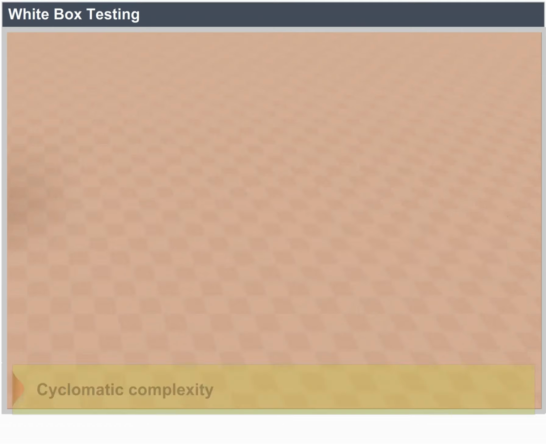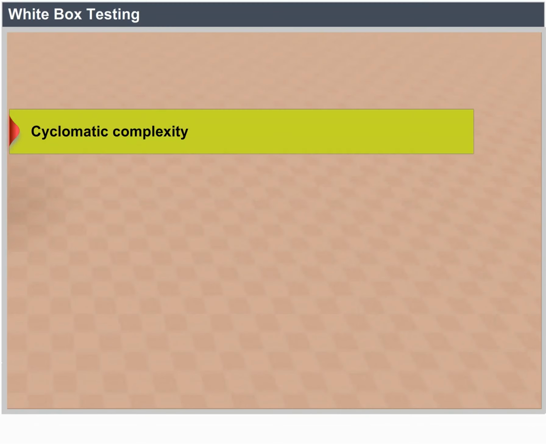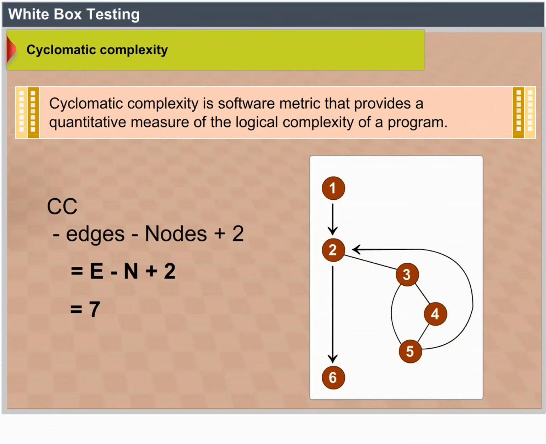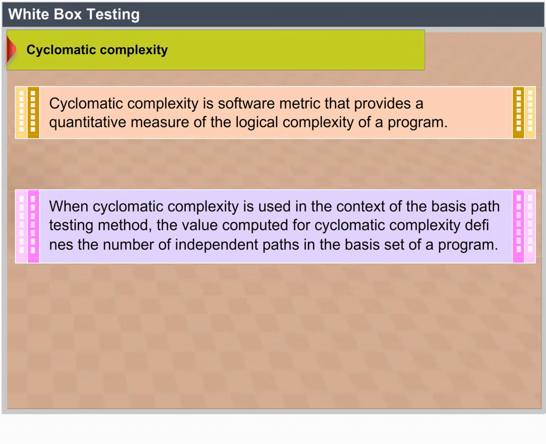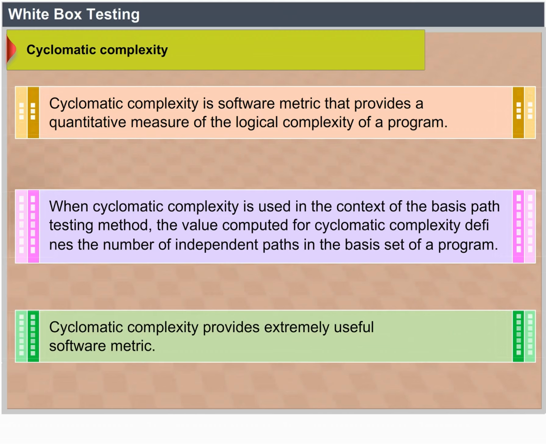Cyclomatic complexity. Cyclomatic complexity is a software metric that provides a quantitative measure of the logical complexity of a program. When used in the context of basis path testing method, the value computed for cyclomatic complexity defines a number of independent paths in the basis set of a program. Cyclomatic complexity provides an extremely useful software metric.